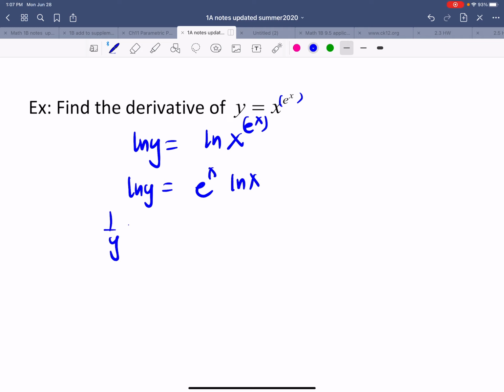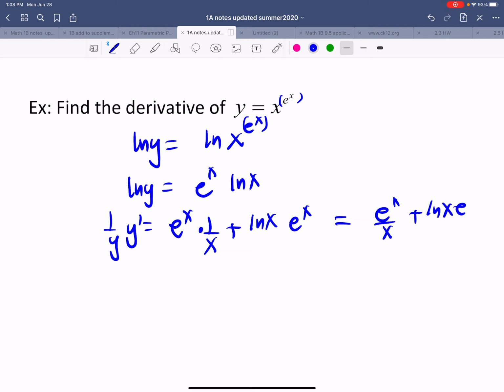Now we're going to go ahead and do the derivative. 1 over y prime, e to the x, derivative of natural log of x is 1 over x plus natural log of x. Derivative of e to the power x is just e to the power x. Turns out to be e to the power x over x plus natural log of x e to the power x. Lastly, isolate the y prime by multiplying both sides with a y.